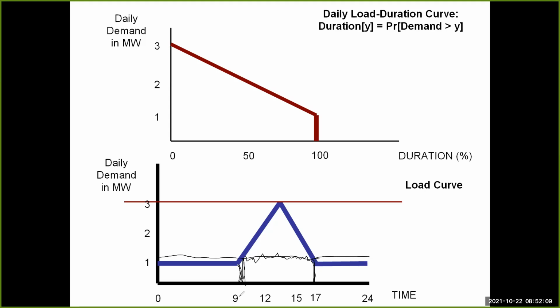So what are these hours? That's between 9 and 17, that's 8 hours. But just below here, demand is always higher than this level, so that's 100%. That's correct. This is okay.